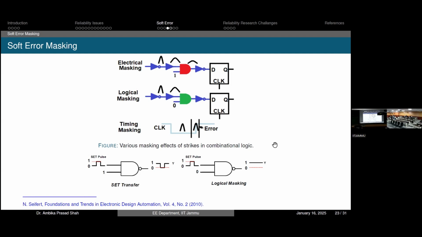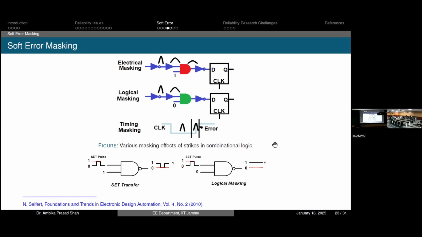You have to keep one of the inputs of this NAND gate at 0, and that will be masked. So when you want to stop your impulse, you have to use that NAND gate. But if you don't want to stop the impulse, connect it to logic 1, and the same logic will be transferred. Don't worry.